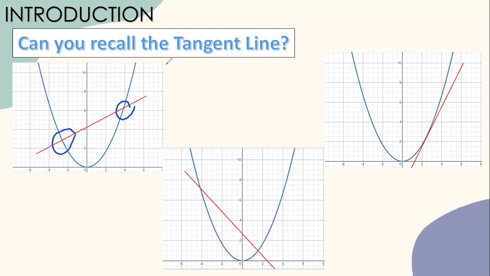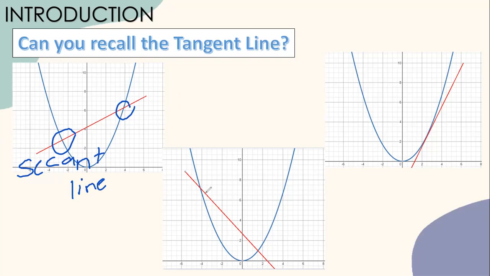Again, pag tangent line, it only touches the curve at only one point. So the first one is not a tangent line, but it is called the secant line. So this red line is a secant of the parabola.